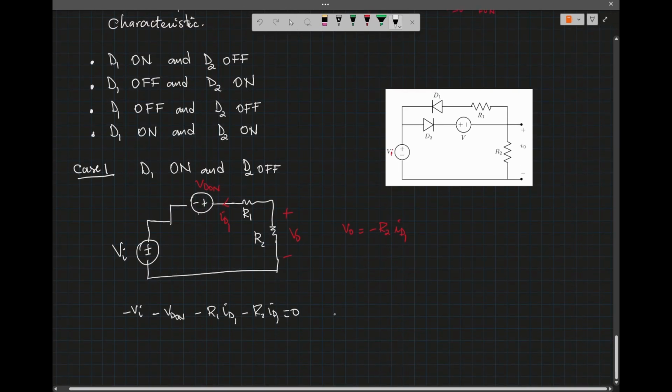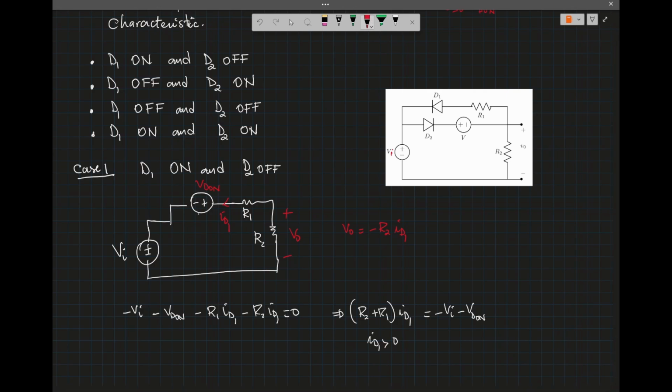So this implies that R2 plus R1 times ID1 equals negative VI minus VD on. We know that ID1 is positive because the diode is on.